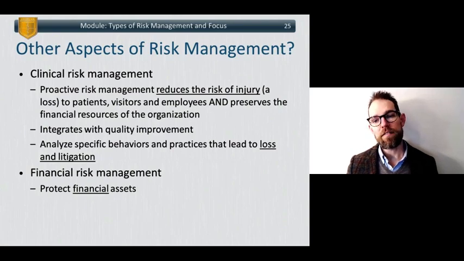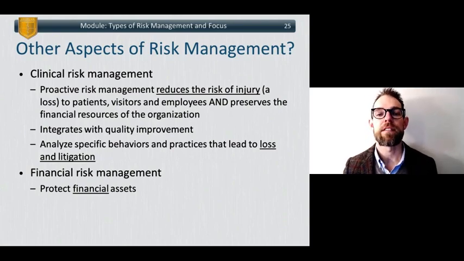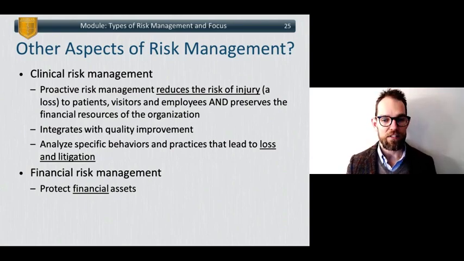So we have clinical risk management. It's proactive risk management that reduces the risk of injury to patients, visitors, and employees, and preserves the financial resources of the organization. It integrates with quality improvement initiatives where you're trying to pick up risks and minimize their ill effects, and analyze specific behaviors and practices that subsequently lead to loss and litigation.